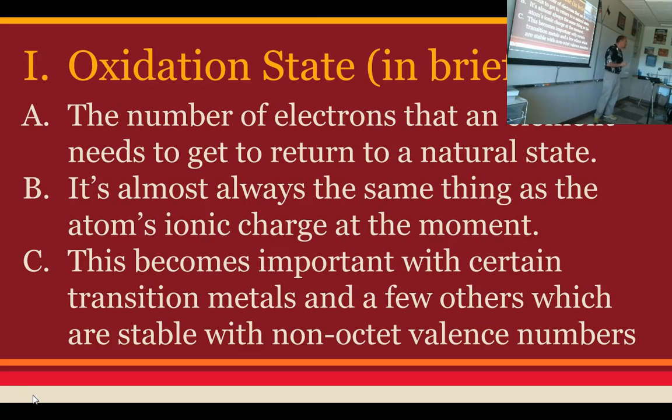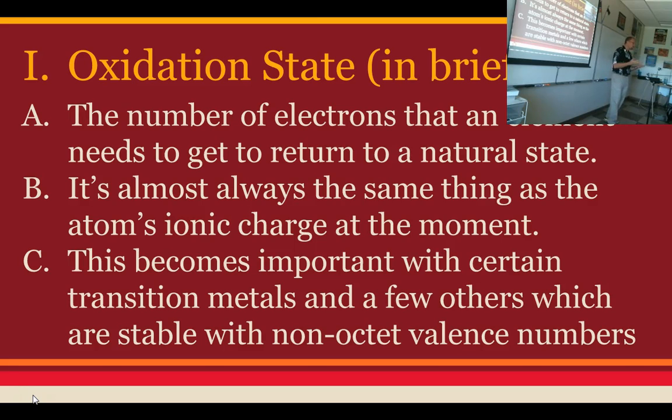A magnesium ion, magnesium wants to give away the 2 electrons that it has, which is why it becomes a +2 ion. So when magnesium gives those electrons away, we ask the question, how many more electrons does it need to return to the natural state? It needs 2, because it gave 2 away.